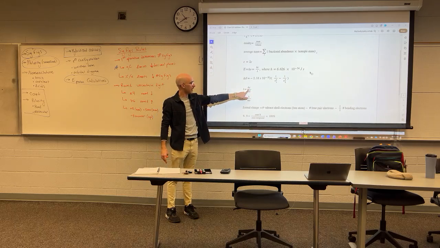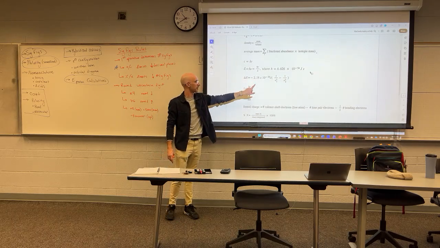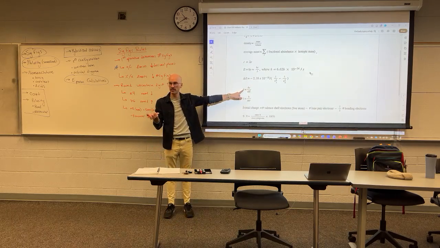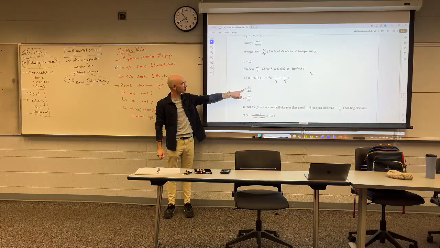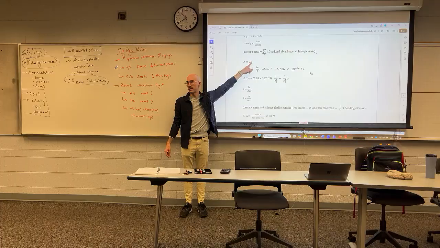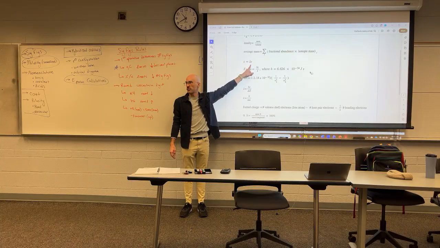We know that we've got this change in energy that we're able to calculate. Is lambda what I really want? No, lambda is the wavelength. I want the frequency. So if I do solve for this, then I have to plug it back in up here and rearrange for frequency.